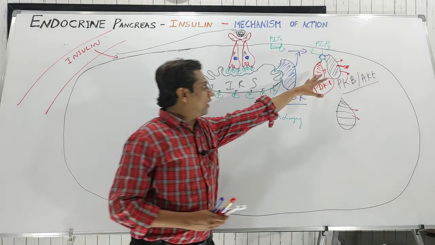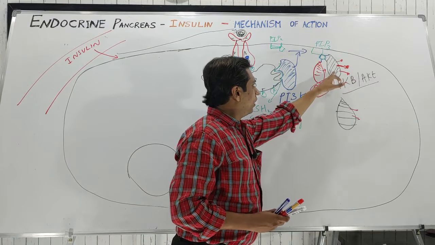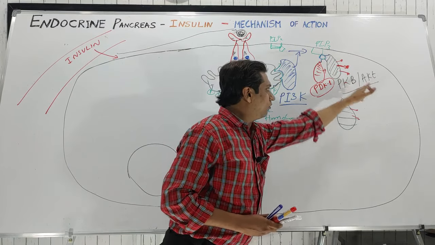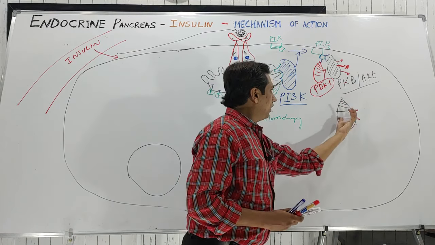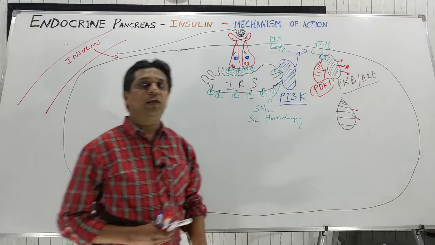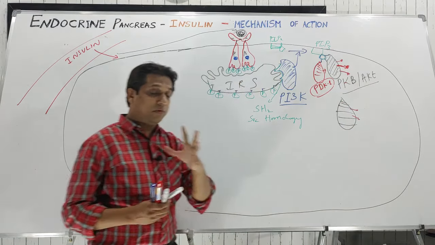So PDK1 causes phosphorylation or activation of this protein kinase B, and this PKB molecule will detach itself and come into the cytoplasm.